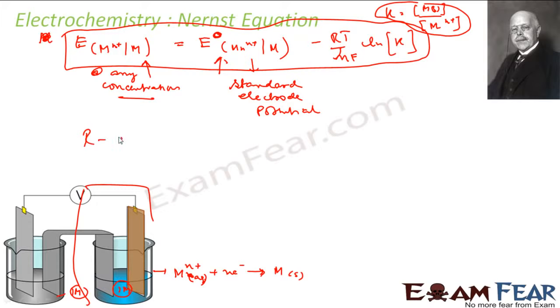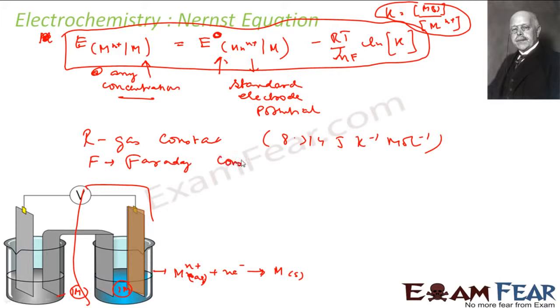Here R is my gas constant, 8.314 joule per Kelvin per mole. F is my Faraday constant, I'll explain how it came, which is nothing but 96487 coulomb per mole.